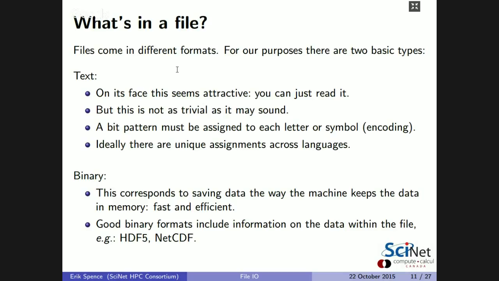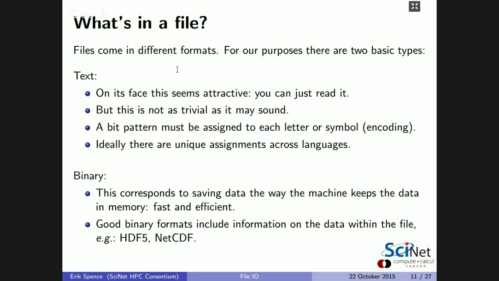It means something to the machine. It doesn't mean anything to me. I can't read that. You pull that up, you'll see all kinds of gobbledygook. No good to me. But it's fast and it's efficient for space and for time. There are lots of binary formats out there, NetCDF and HDF5 in particular. We're going to talk about NetCDF today.